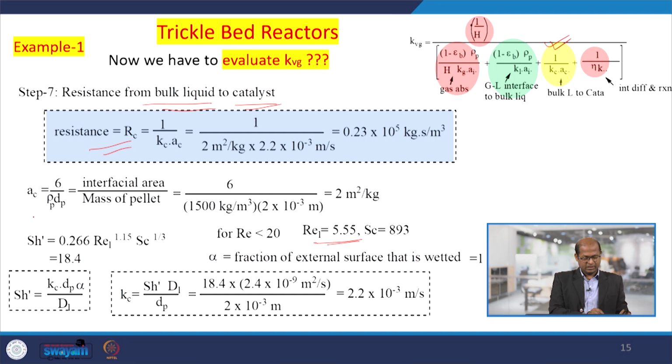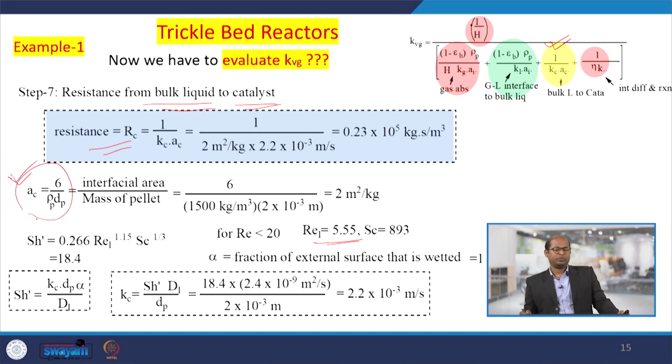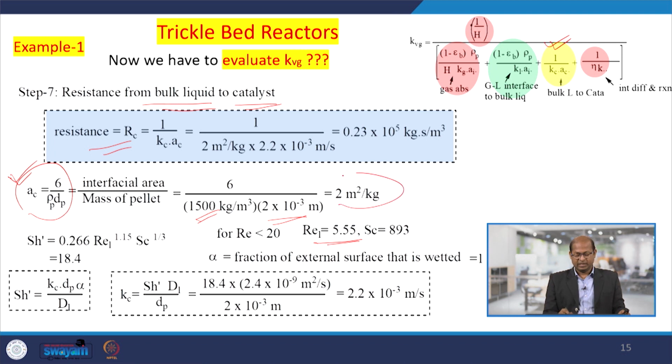So, here see, a_C equals 6 by rho_P d_P: the density of the particle is given and the diameter of the particle is given. So, if we put them here, the interfacial area per mass of the pellets, that is a_C, we can find out.